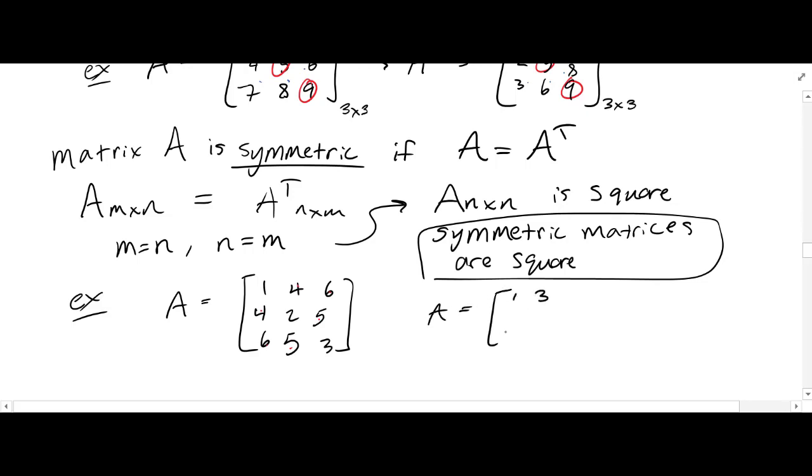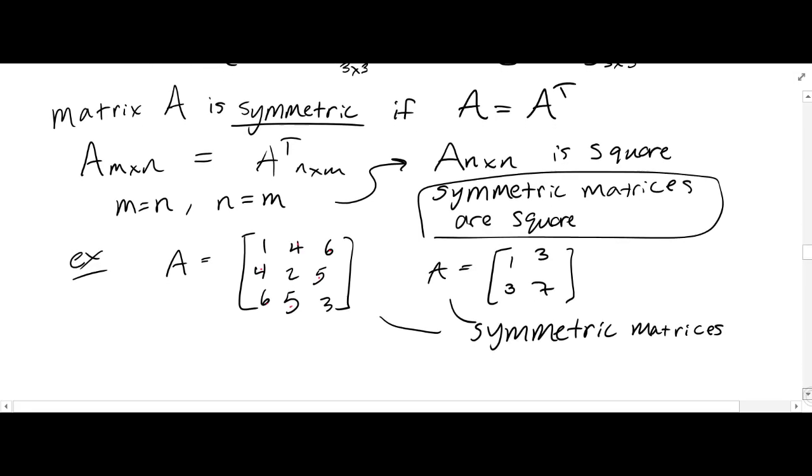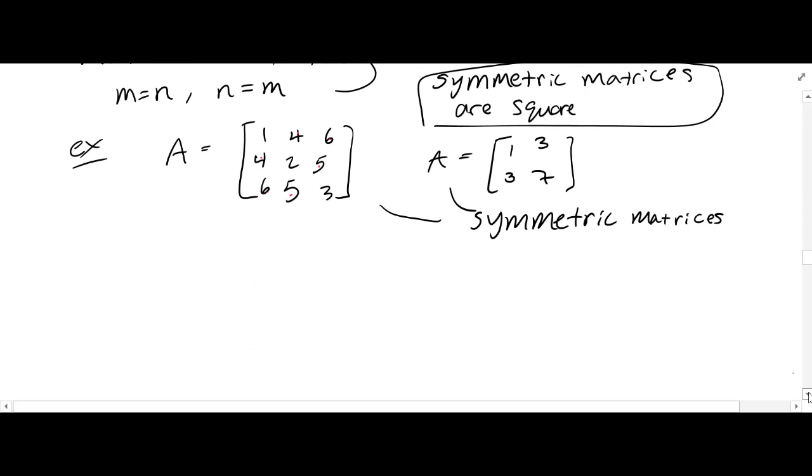A 2 by 2 case would be these off-diagonal entries are the same. These are symmetric matrices.